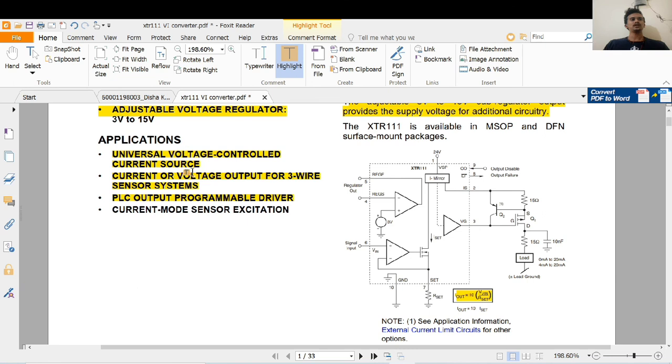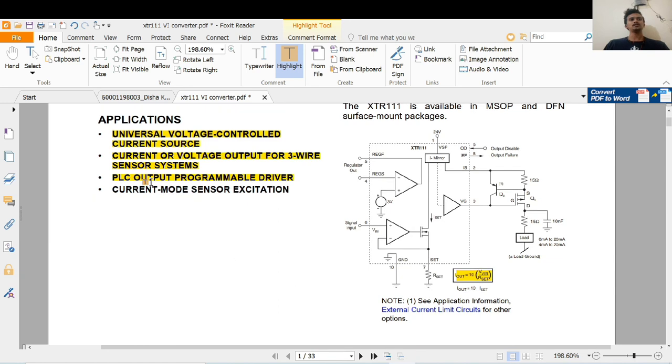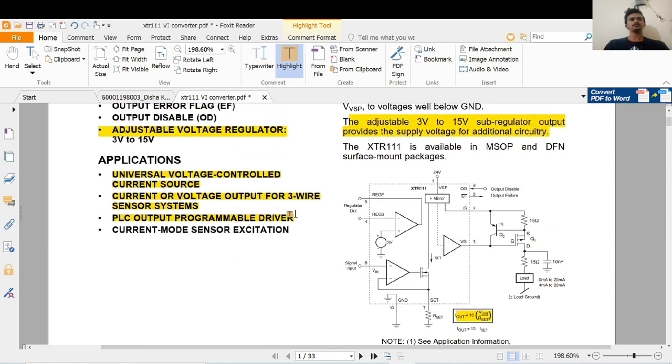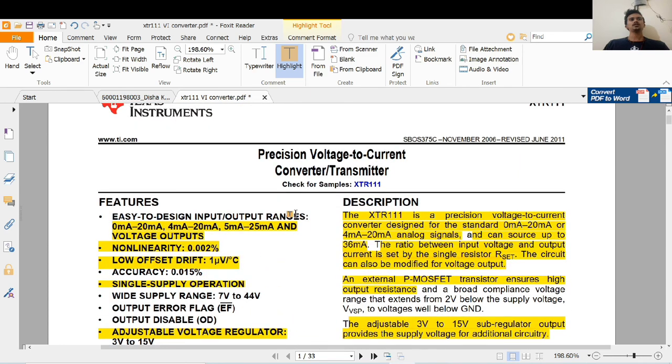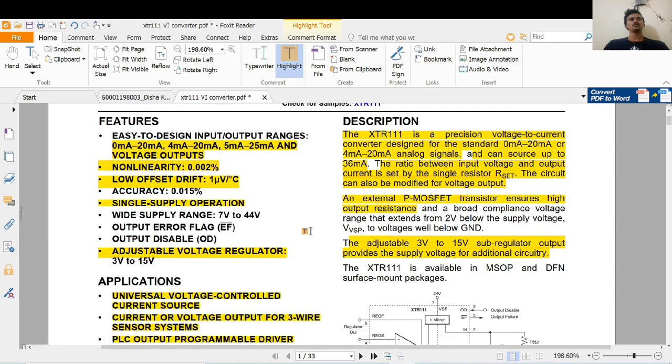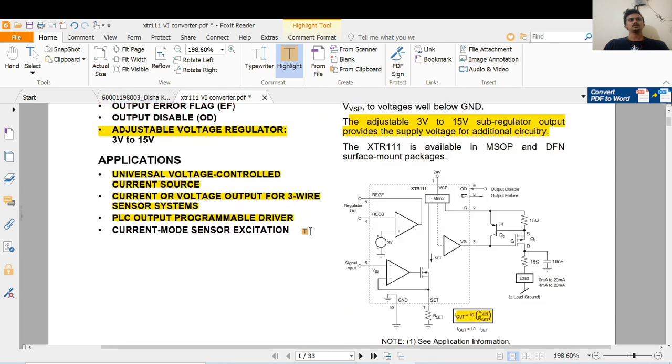It can be used for voltage controlled current sources, for both current or voltage output for up to 3-wire sensor systems, and also in PLC output programmable drivers. So for voltage to current conversion, we always prefer this IC over the op-amp.